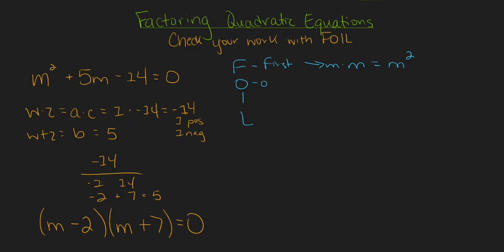The O stands for outers, using the very first and very last term in all of our factors. In our situation, this means multiplying m times 7, which gives us 7m.